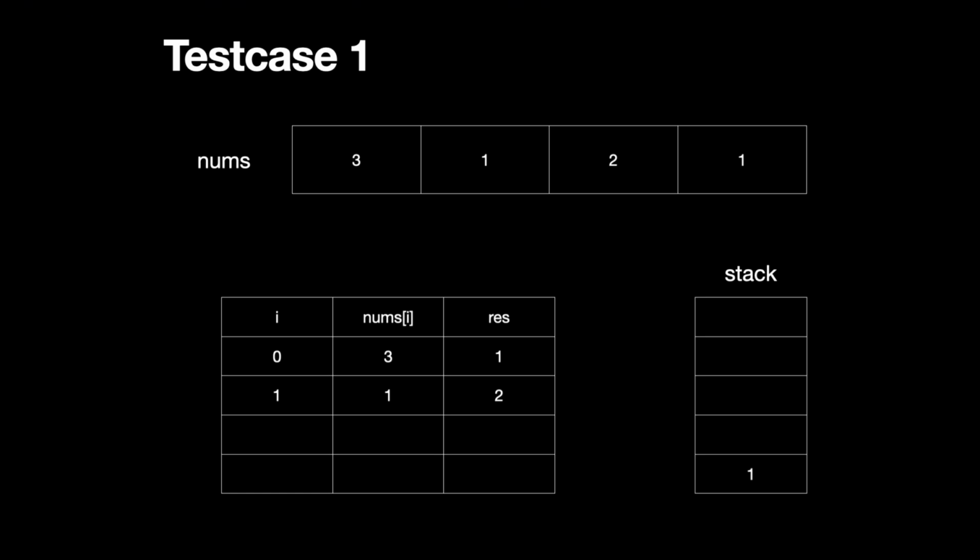Next, the value of i is increased by 1 and the current value of nums[i] is equal to 2. We'll compare the current value of the nums array with the top of the stack value. Here, the current value is greater than the top stack value.